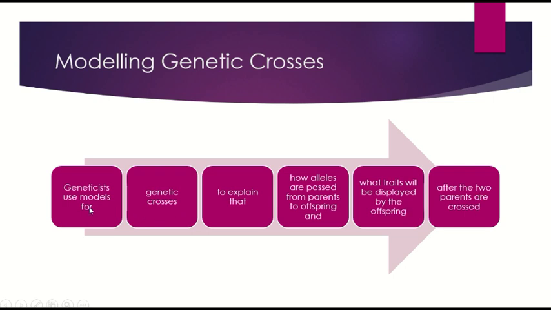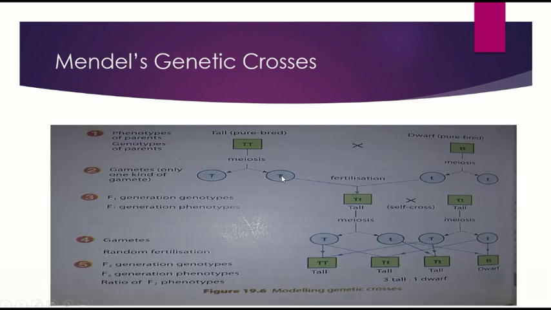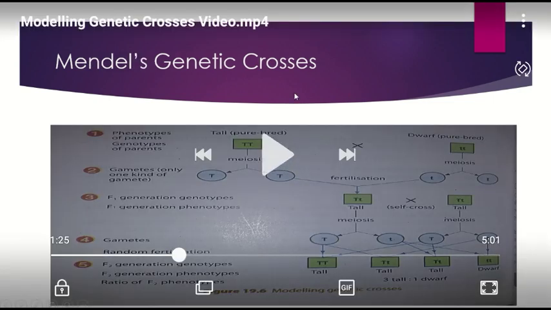They explain how alleles are passed from one generation to another generation and how traits will be displayed in the next generation or in the second generation after the two parents are crossed. Mendel's genetic crosses.